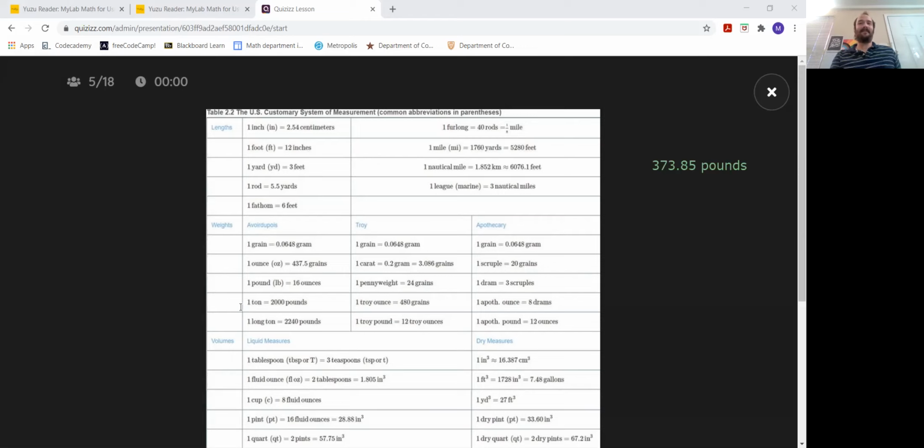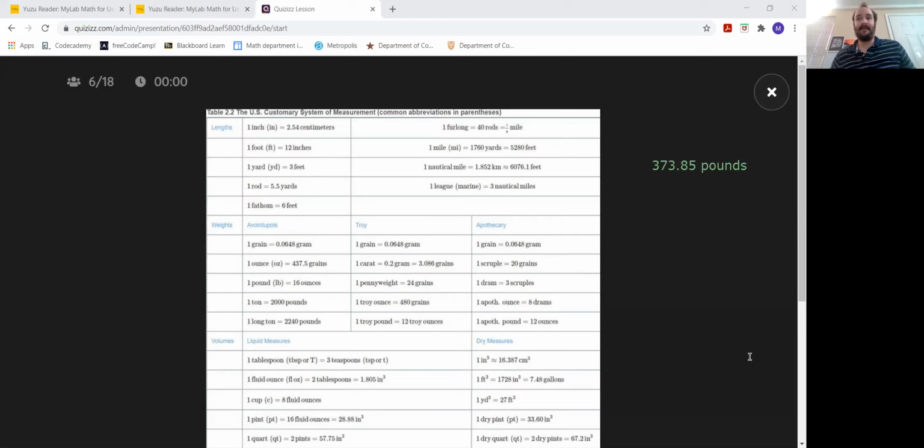It should be a 50-50 shot, right? If you know 373.85 pounds, and I know it's 1 ton to 2,000 pounds, you should have figured out you're either multiplying or dividing by that number in order to convert it.